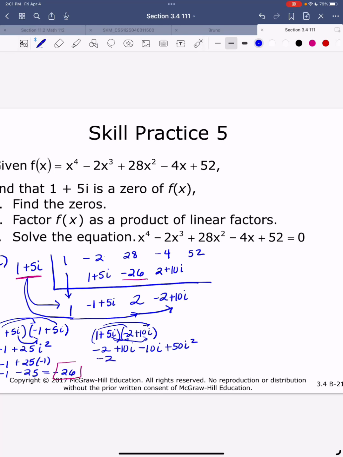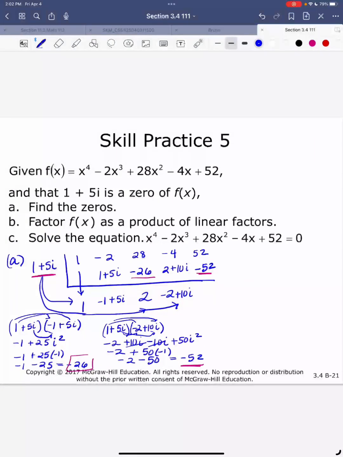So I have a minus 2. The plus 10i and the minus 10i cancel. I've got a minus 2, and I'm going to add a 50 times negative 1. So that's minus 2 minus 50, which gives me negative 52. So my solution here is a negative 52. That's what I got from that product. And we see how this is a 0 because 52 minus 52 is 0.